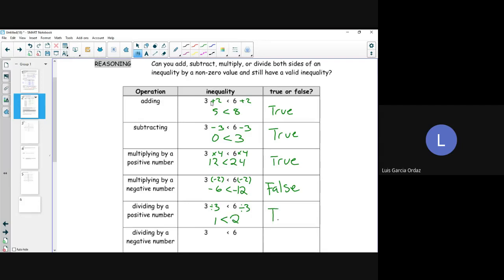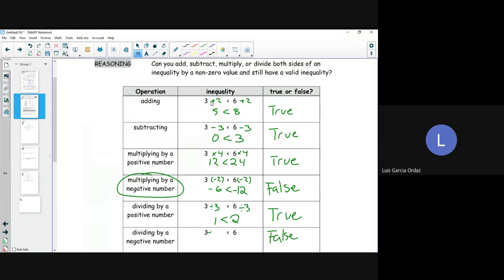This is also true. And if we take into consideration what we did here, dividing by a negative number, is the inequality going to be true or false? So if we multiply by a negative number and it gave us a false, it's also going to give us a false inequality.